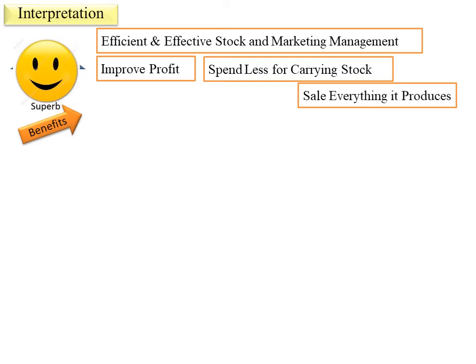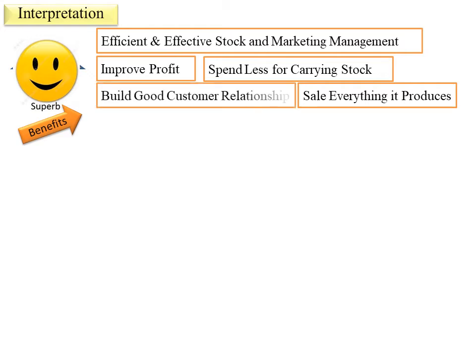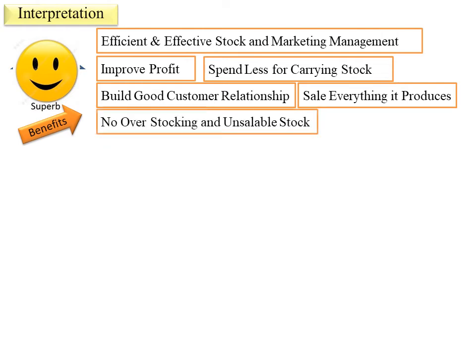Such a firm can build good customer relationships as it does not keep its customers waiting for long. A high ratio also indicates that sales are strong and the firm is not holding stock for a long time. As a result, the firm may not face the problem of overstocking and unsellable stock.